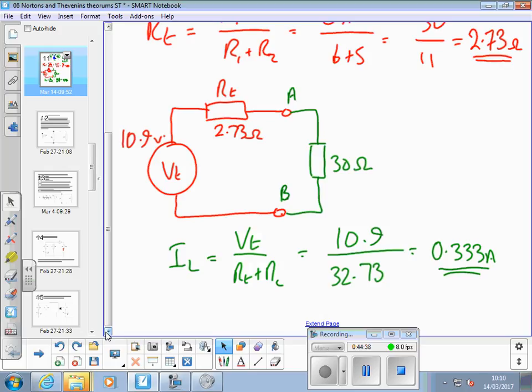Considering the kind of rounding we've been doing, the figure is not out of the way. Okay. So that's Thevenin's theorem.